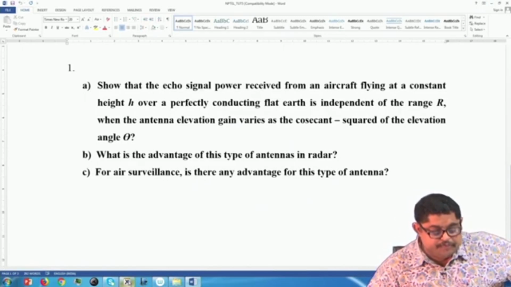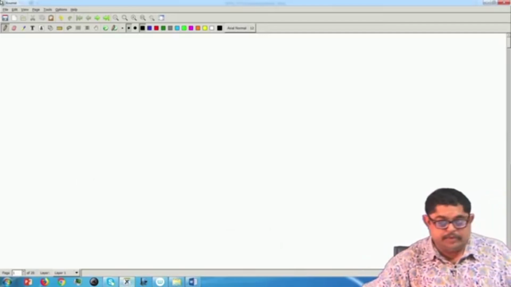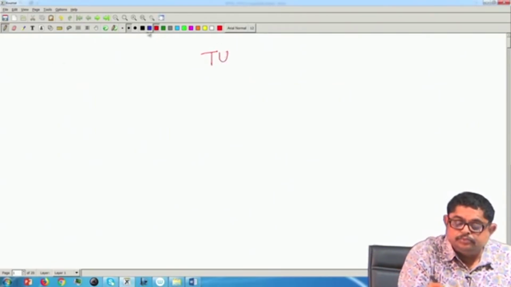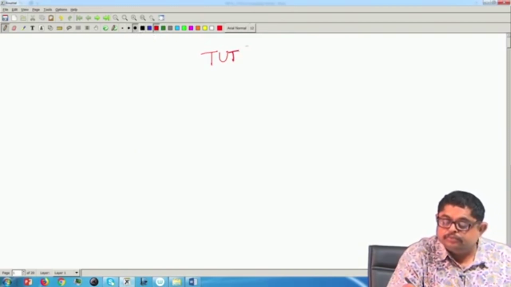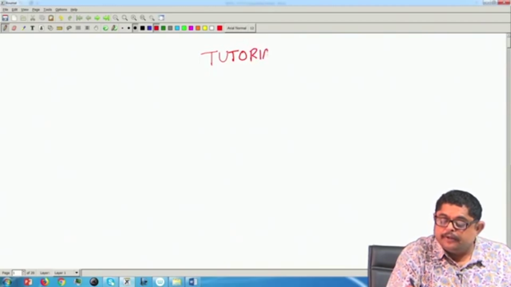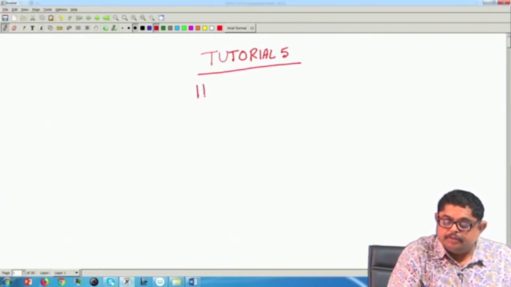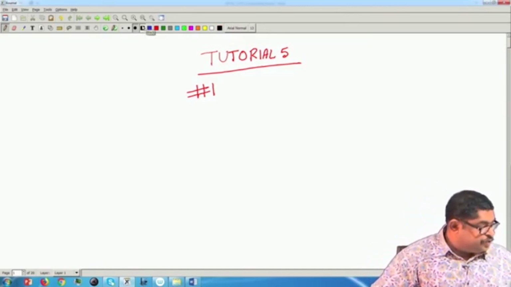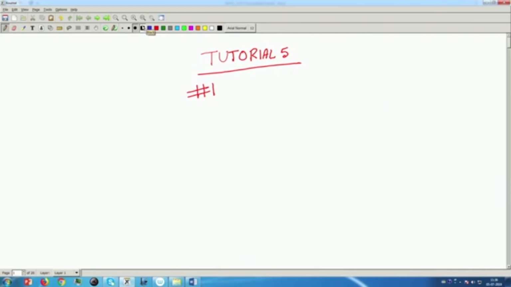Tutorial 5, this is problem number 1. Now, what is said is: suppose this is the flat earth and this is an aircraft flying at a constant height.